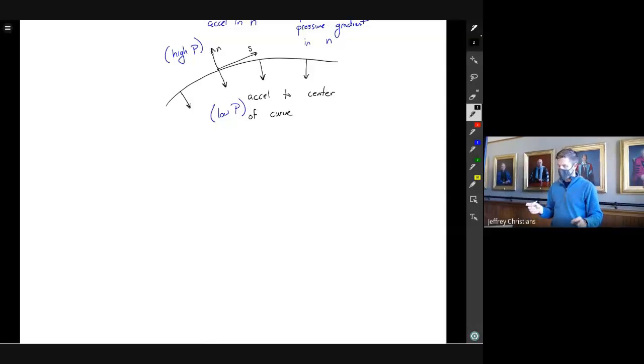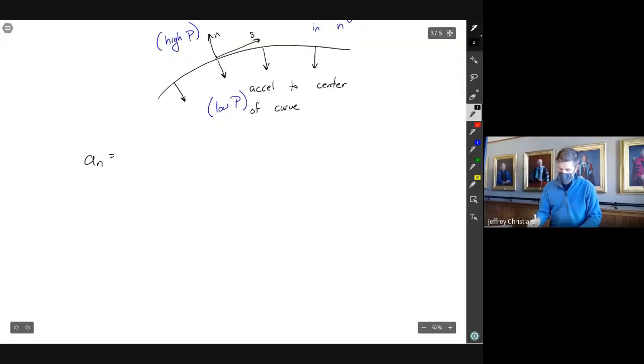To put a little bit more math to exactly what that looks like, the acceleration normal, that's a curvature, so that's going to be a centripetal acceleration.